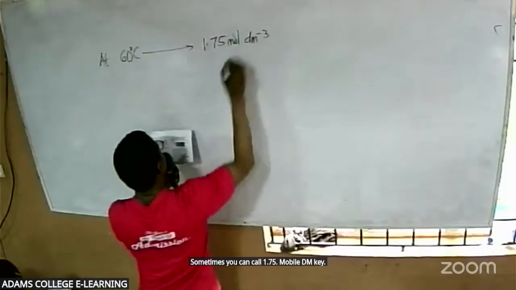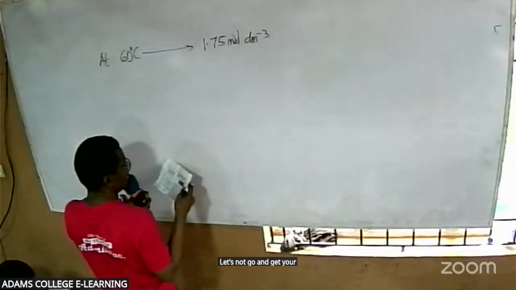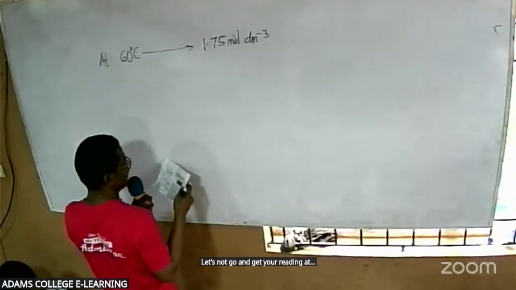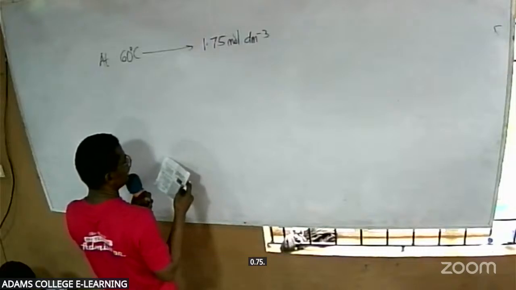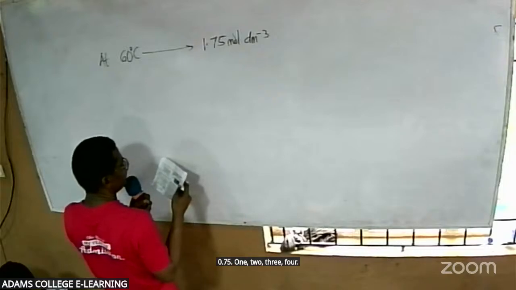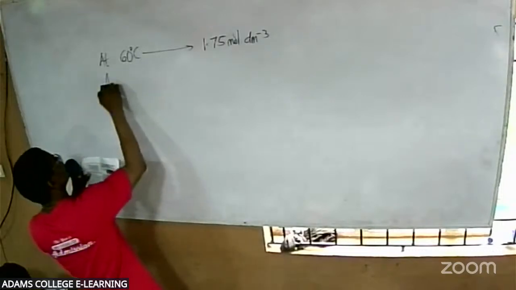Let's now get the reading at 25. What's the reading at 25? 0.75. 1, 2, 3, 4. 0.75. I will say 0.5, if the third one is at 20.